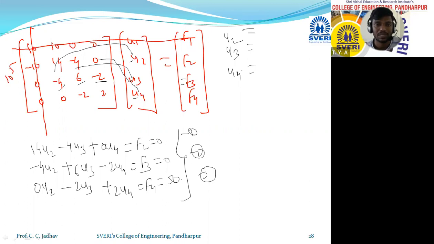So these are the simple 3 equations. From the equations you have to solve these 3 equations and tell me the value of the u2, u3 and u4. Start the solving fast. Don't force me to take your particular student name. Start the solving, complete the solution and tell me the value of the u2, u3 and u4.